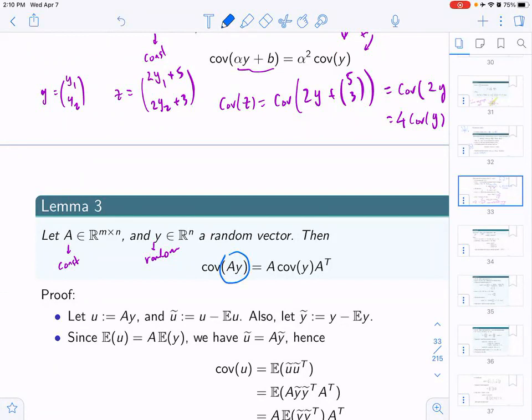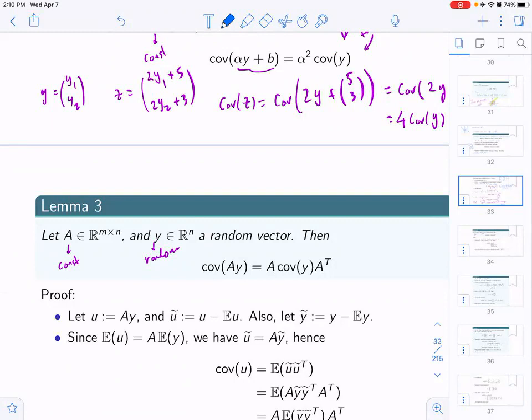If you have the covariance of Y, this tells you how to compute the covariance of A times Y, which is a new vector. It allows you to compute the variance of a linear combination of random variables. Right, that's a special case, but A times Y is in general a vector, so it has a covariance matrix, and this allows you to compute the entire covariance matrix. Computing the variance of linear combinations of the elements of Y is a special case of this.